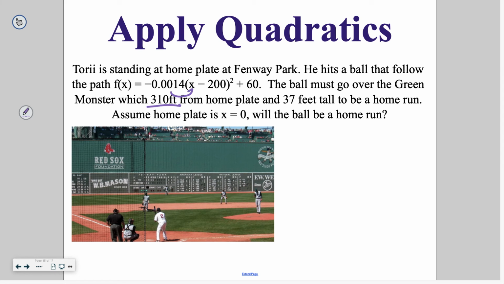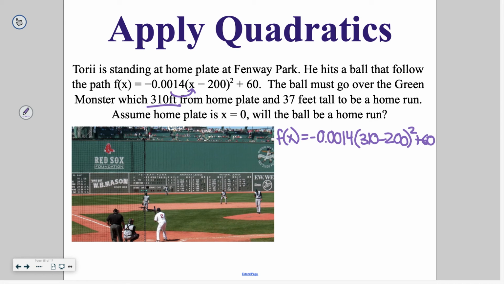That is what is going to get plugged in for x. So what you would do here is say f of x is equal to negative 0.0014 times 310 minus 200 squared plus 60. When I do that, 310 minus 200 is going to give us 110.